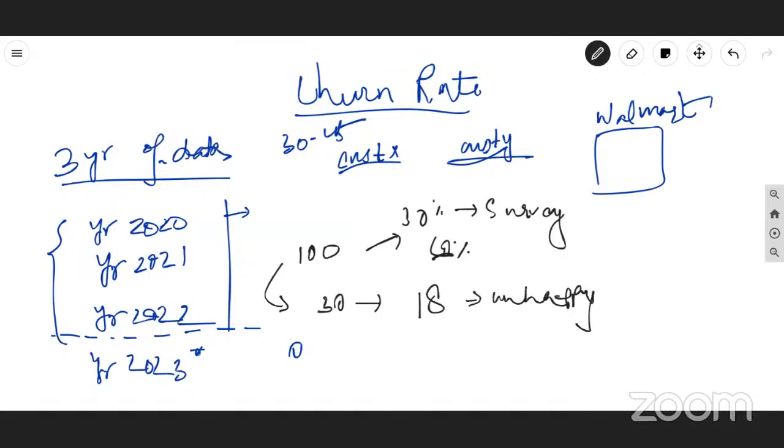But here, the first problem statement is who will resign, who will churn out from Walmart. And then the next question comes, why they have churned out. Here the why comes later, but the first question is who.